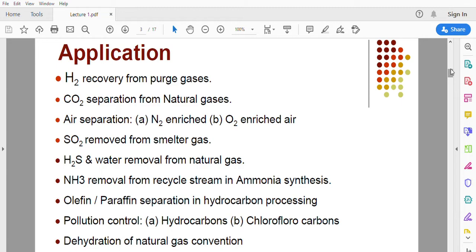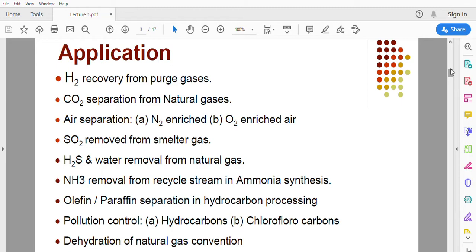At the same time, sometimes we use a gas as a reactant, like hydrogen in some reactions. That hydrogen will mix in the purge gas, and you want to remove that hydrogen so it can be recycled in the reaction, because hydrogen is a reactant. So we can use the membrane based process for separating the reactant from the purge gases.